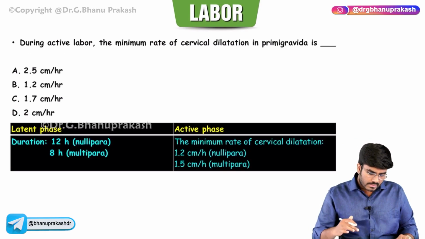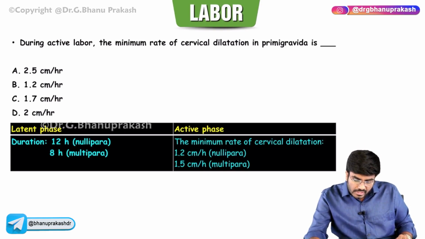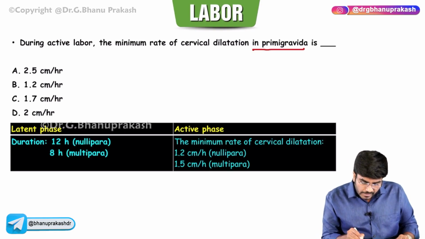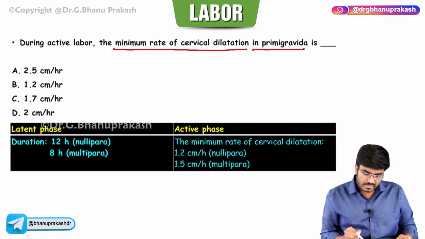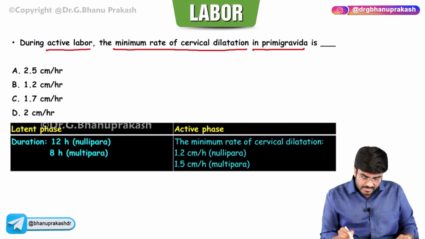Now, let's see this question. During active labor, the minimum rate of cervical dilation in primigravida is, okay, what should be the minimum rate of cervical dilation in active labor? We have already discussed, guys, please concentrate.